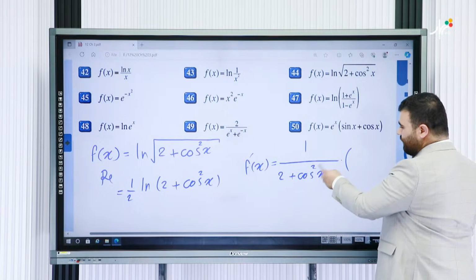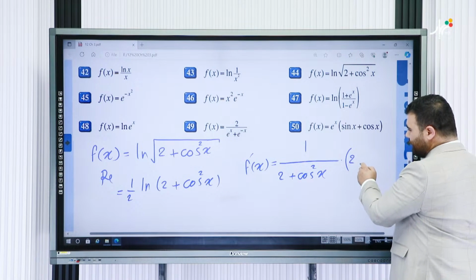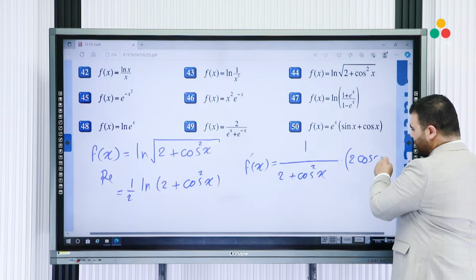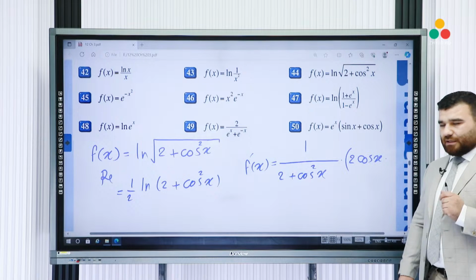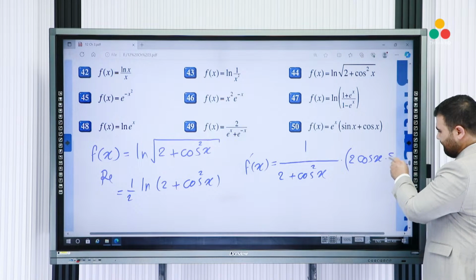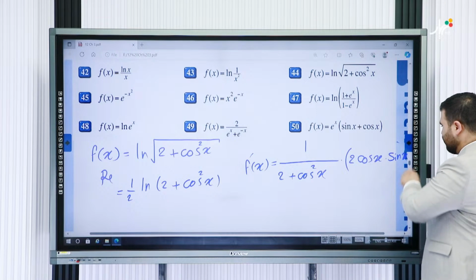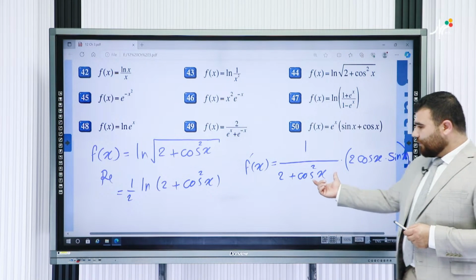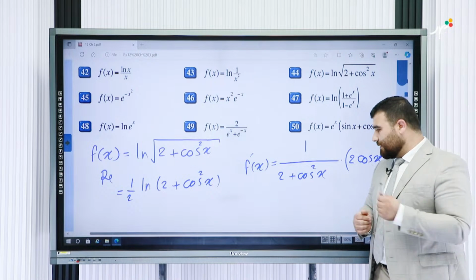Derivative of cosine squared x is 2 cosine x times sine x times 1. Okay. Derivative of cosine squared is like the derivative of the function times the derivative of inside.